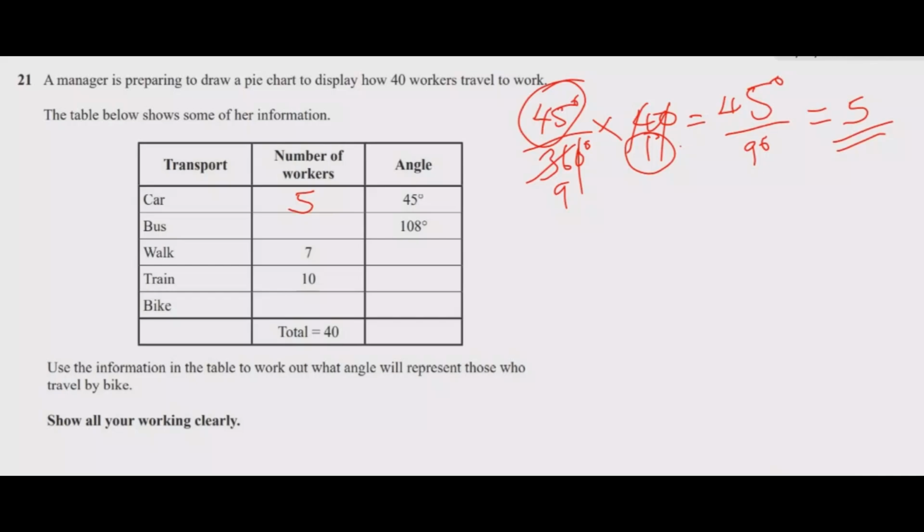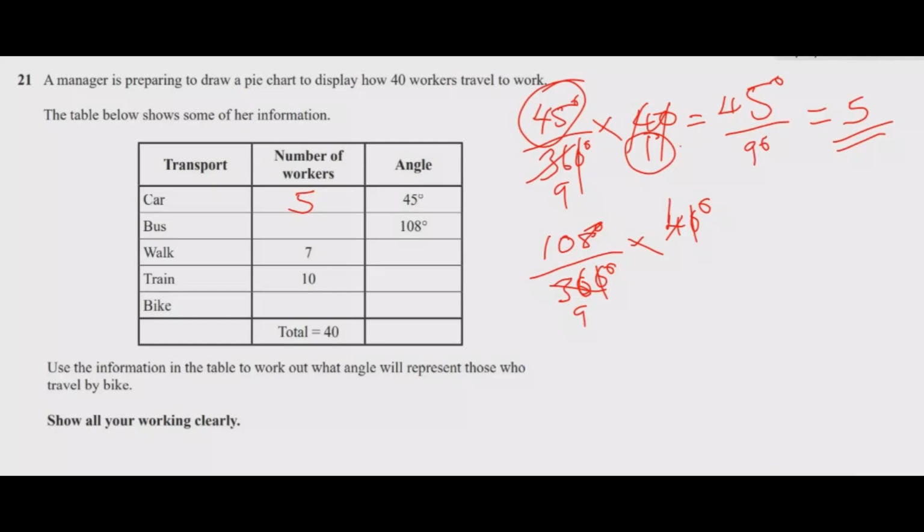Then we can also do this same thing. We say 108 degrees over 360 degrees times 40. Then we can cancel the 0 and the 0 here. Then we say 4 into 4, it's 1. 4 into 36, it's 9.